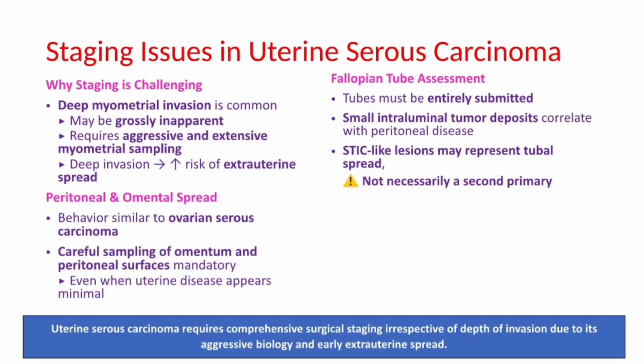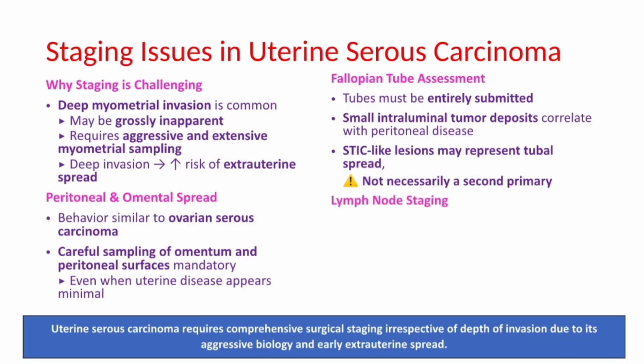And whenever we see fallopian tube, peritoneum, omentum or myometrium, we require careful sampling, because even if the uterine lesion is very minute, we can identify spread in all these organs.